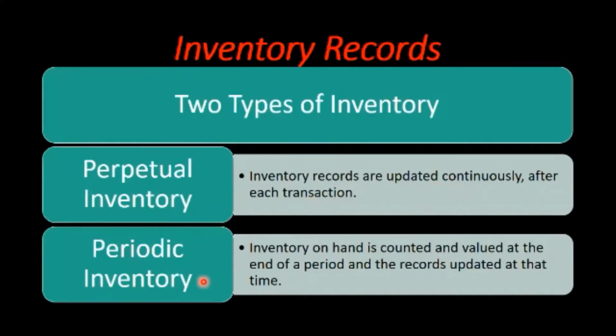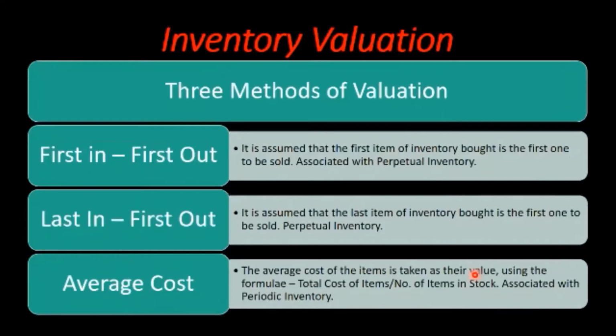Okay, periodic inventory, you don't update when you buy, but you wait until the end of a period, probably a month or a quarter or a year, and you count up your stock that you have on hand and you value that and you update your records to that. Okay, so that is how the inventory records work.